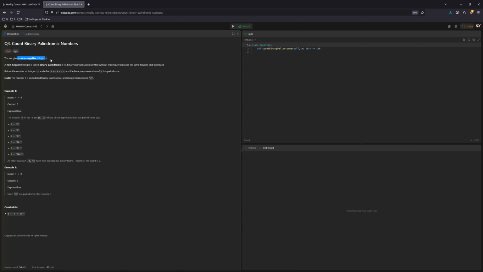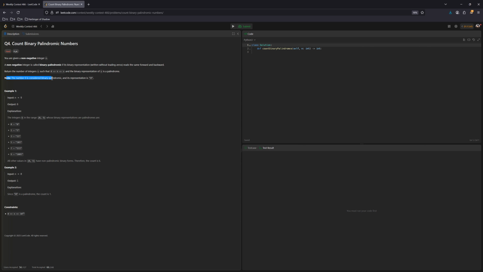You're given a non-negative integer n. A non-negative integer is called binary palindromic if its binary representation written without leading zeros reads the same forward and backward. Return the number of integers k such that 0 is less than or equal to k is less than or equal to n, and the binary representation of k is a palindrome.